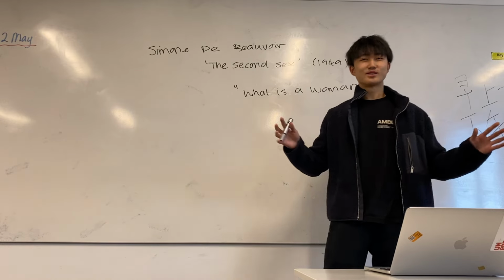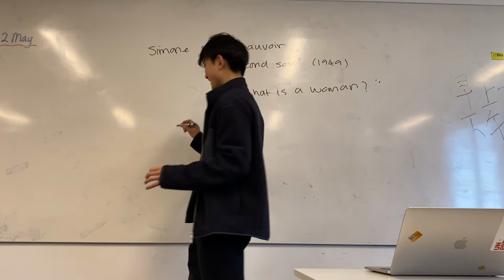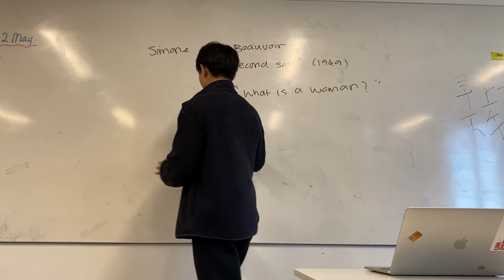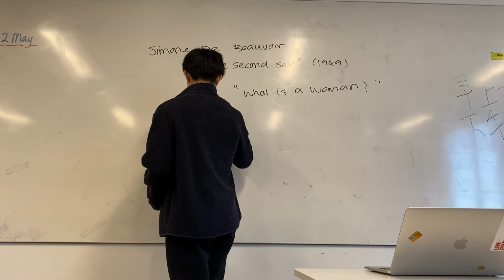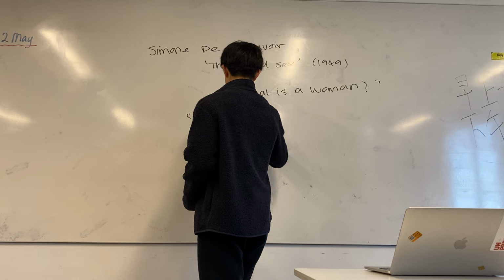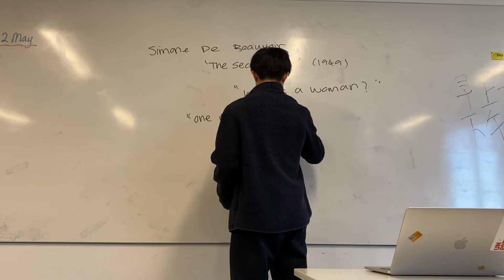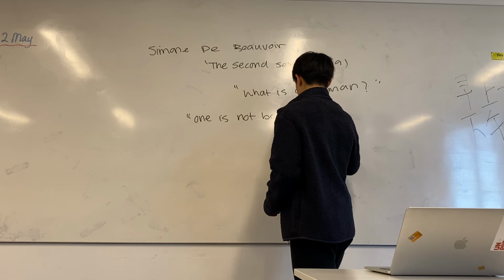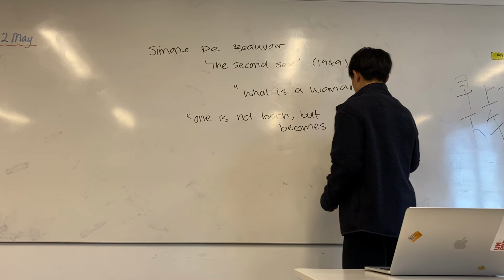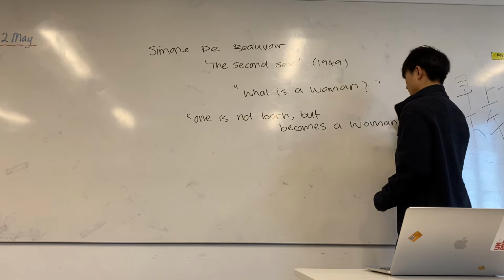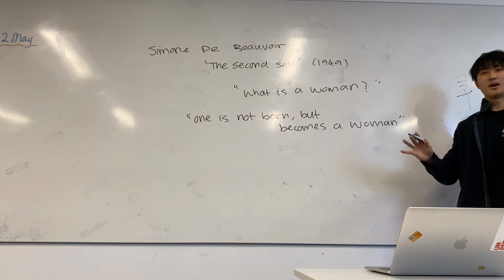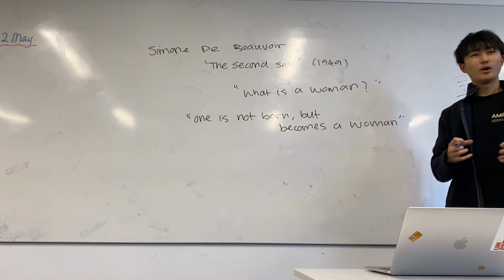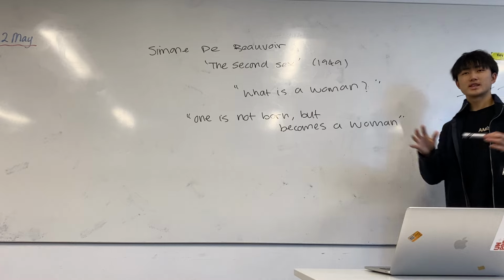Now, she gives us this very amazing quote, one of the most influential quotes of her book: one is not born but becomes a woman. This flows into our ideas of the woman's experience.